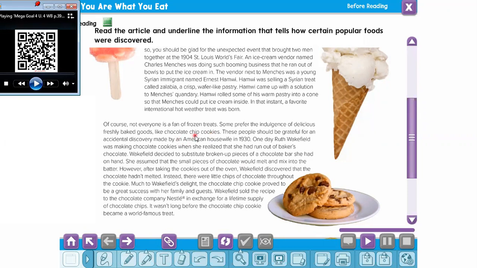Chocolate chip cookies. Okay, I want you to tell your friends how did she discover this kind of food?